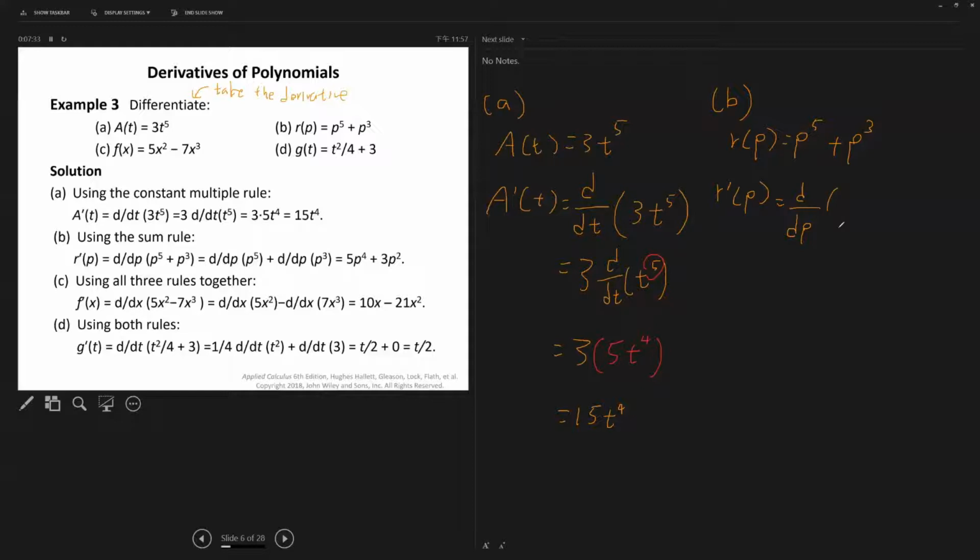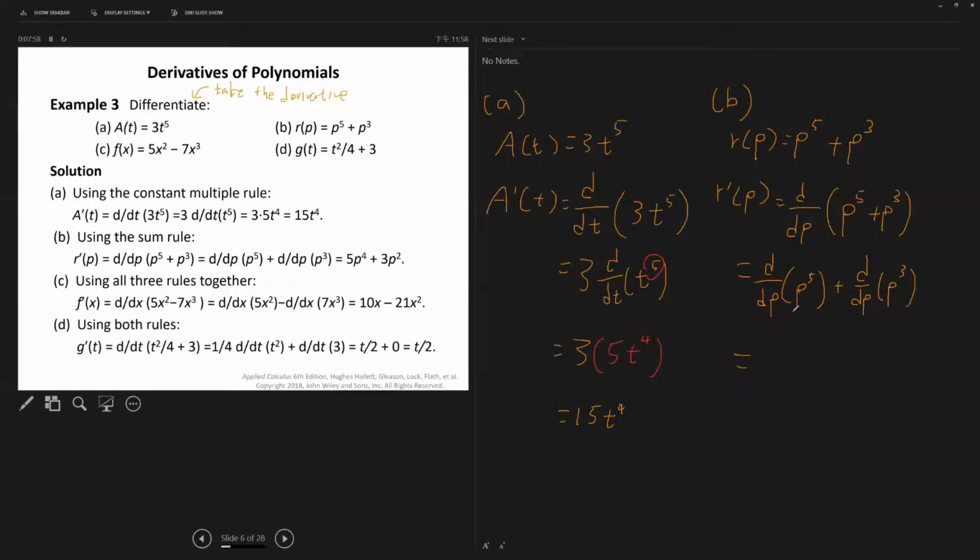So d dp of p to the 5th power plus p to the 3rd power. Now we know that if we are taking the derivative of a sum, we can take the derivative of them separately. So we can write this as d dp of p to the 5th power plus d dp of p to the 3rd power.